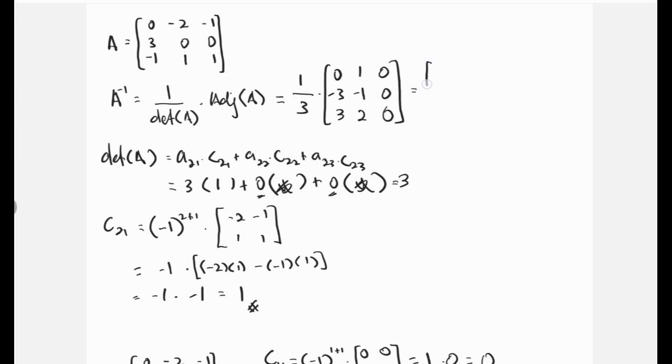So we have 1 over 3 times 0, which is still 0, and then this becomes 1 over 3, and then 0. Next is -3 over 3, which becomes -1. Next we have -1 over 3, and then 0. So 3 over 3, so we get 1, and then we have 2 over 3, and then 0. So this is the inverse.